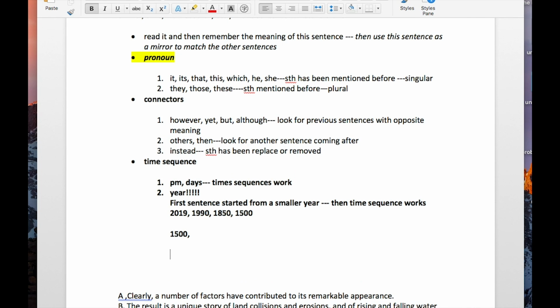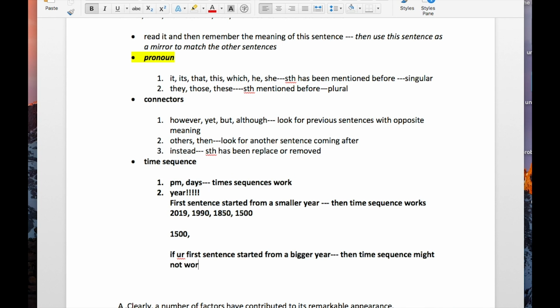But however, if your first sentence started from a bigger year, then time sequence might not work.